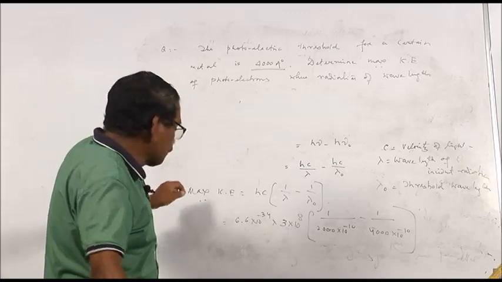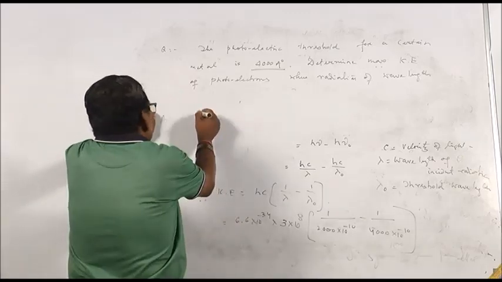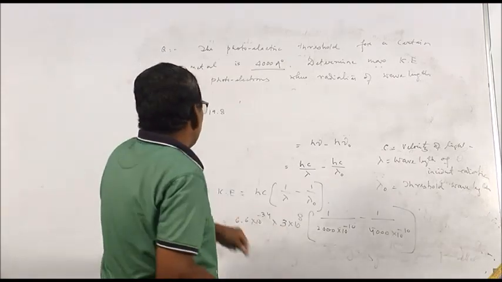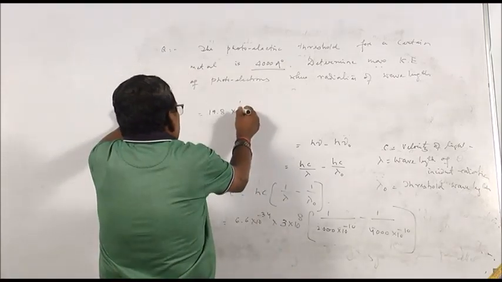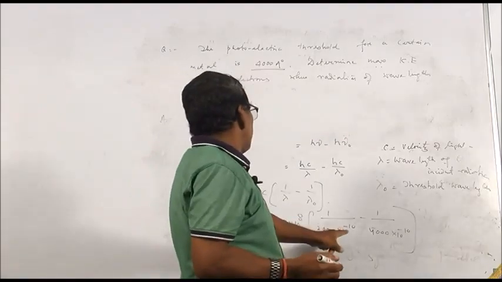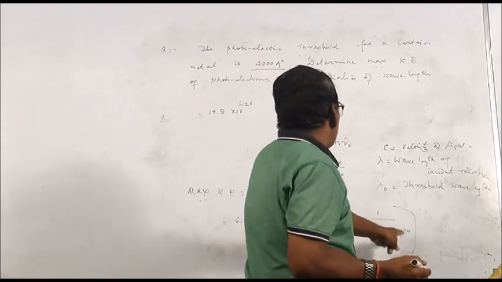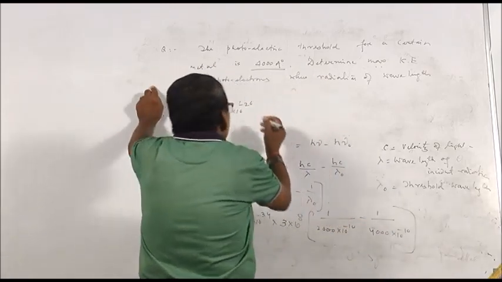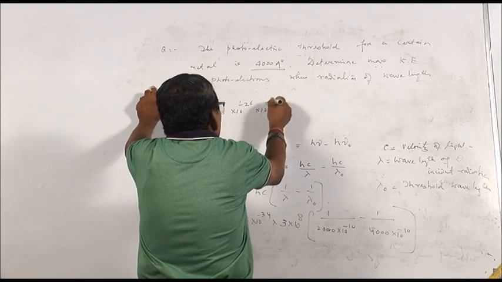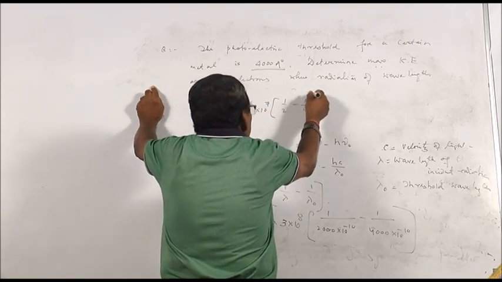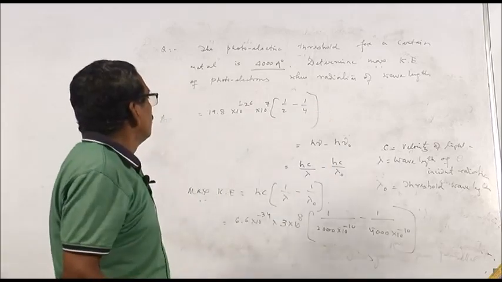So, that becomes 6.6 into 3, that is 19.8, into 10 to the minus 34 into 10 to the 8, that is 10 to the minus 26, into 1 by 2 times 10 to the 7 minus 1 by 4 times 10 to the 7. So, 10 to the power plus 7 into 1 by 2 minus 1 by 4.